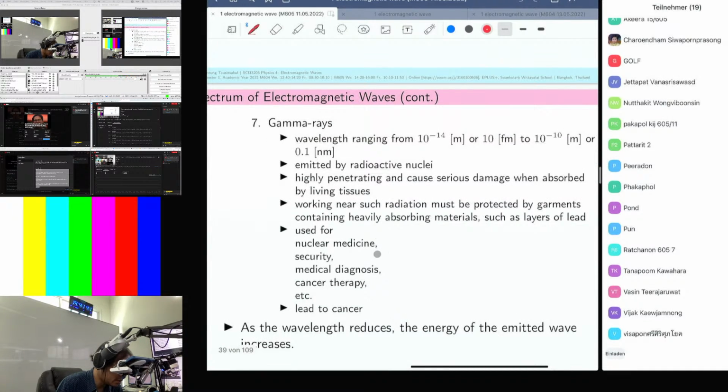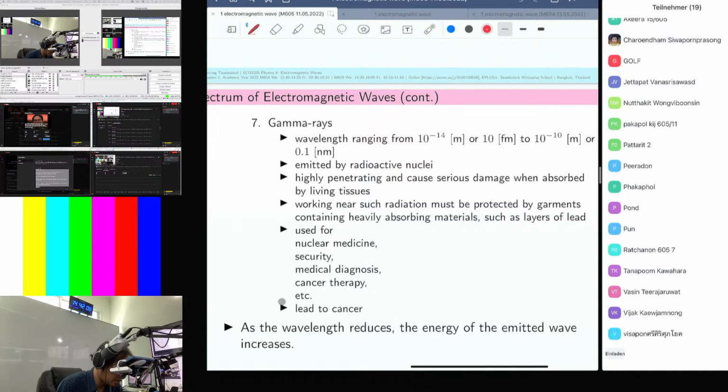Gamma ray has nevertheless some benefits to us. Humans are clever. They use gamma rays for nuclear medicine, for security reasons, for medical diagnosis, and even in cancer therapy in order to cure the cancer.